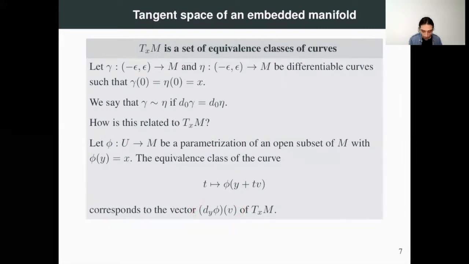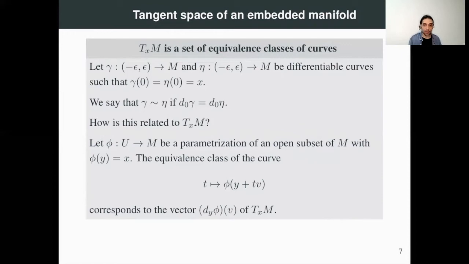You consider b a vector in R to the dimension of M, okay? And you consider the image by the differential of phi at the point y. So all the tangent vectors are of this kind.